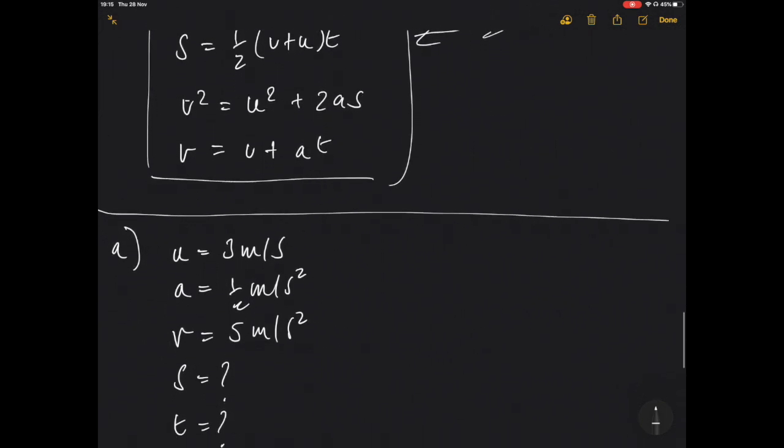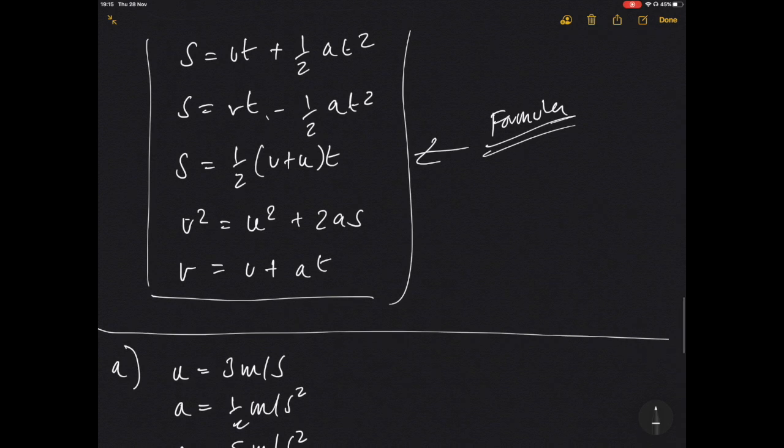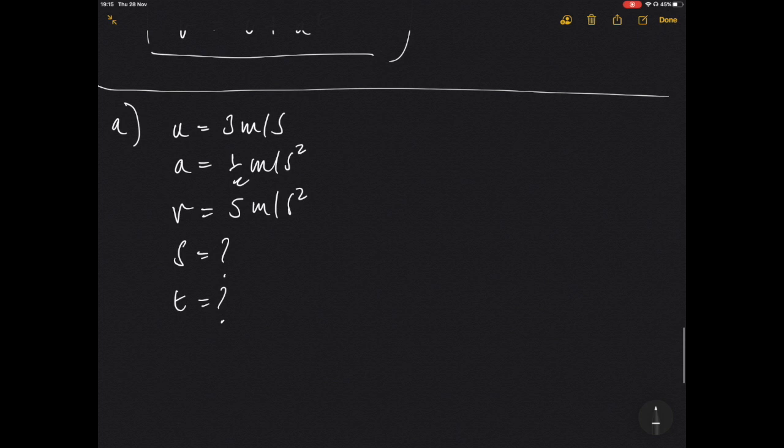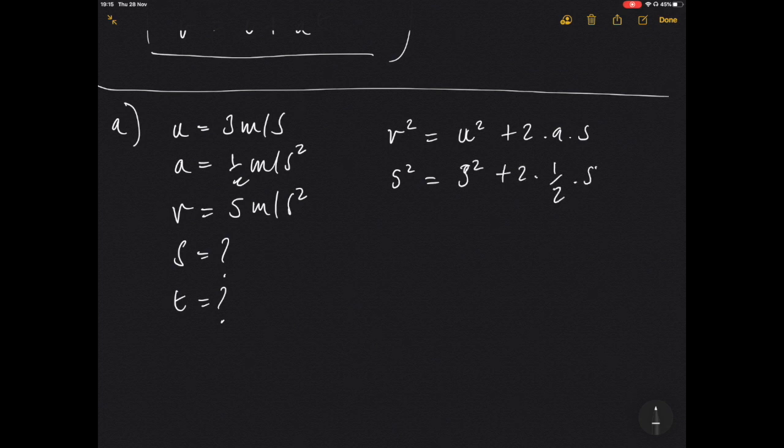Okay, so we can just go to our equation. If we wanted to find s, we have v squared equals u squared plus 2as. So 5 squared equals 3 squared plus 2 times a half times s.